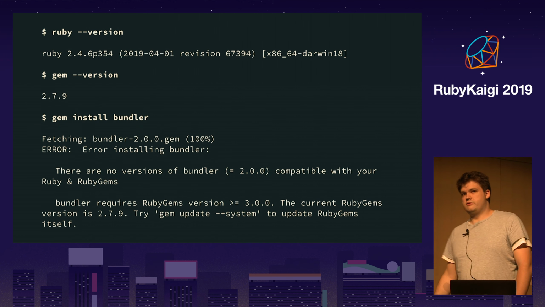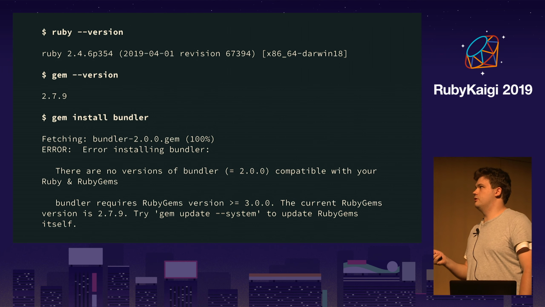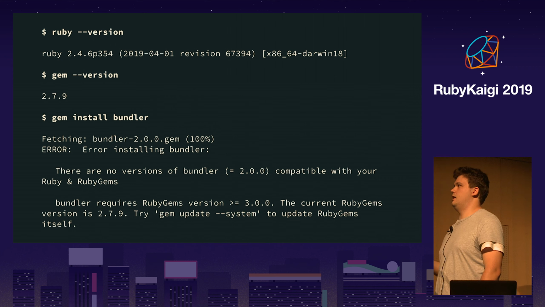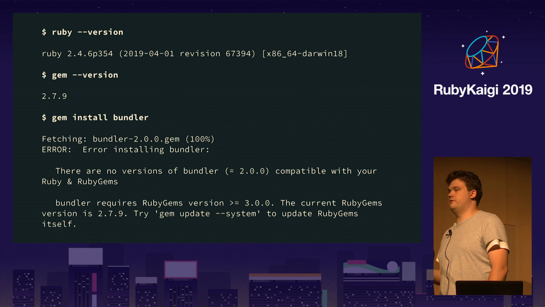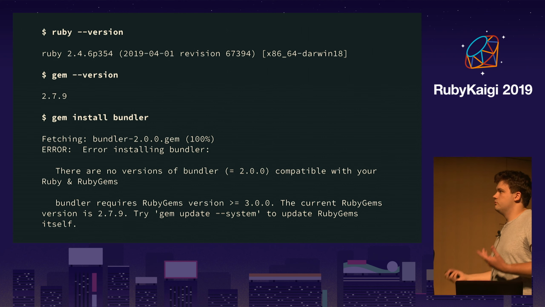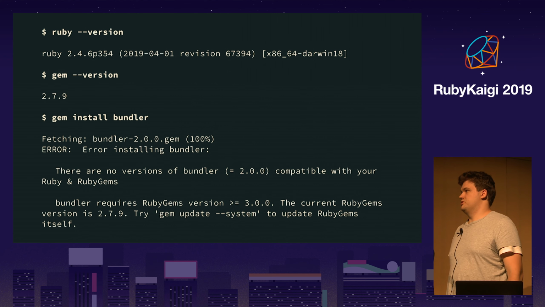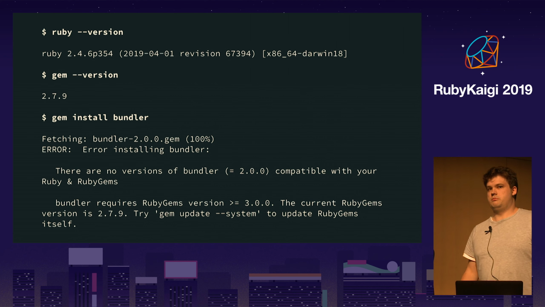The same thing applies for the RubyGems version. In this case, we have a perfectly valid Ruby and RubyGems environment, Ruby 2.4.6 and RubyGems 2.7.9, both supported today. But again, RubyGems doesn't take into account its own version when resolving, and so users were presented with just an error page.